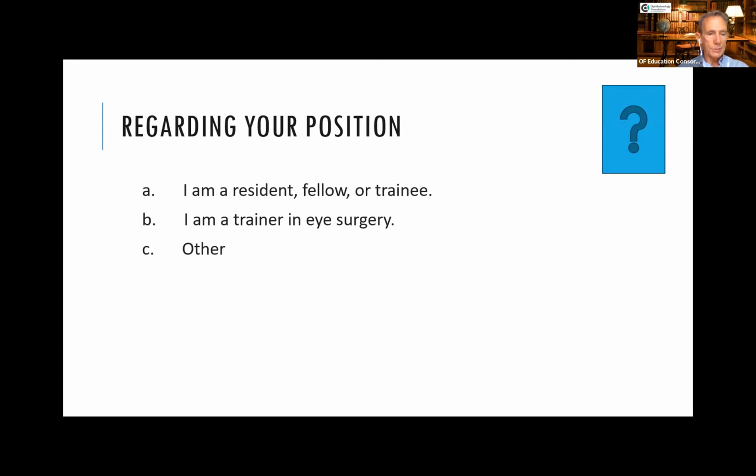Are you a resident? Eduardo? Yes. I can see the slide. Oh, there it is. Okay. Thank you, sorry, Ravi. The poll wasn't being shown. That's correct.